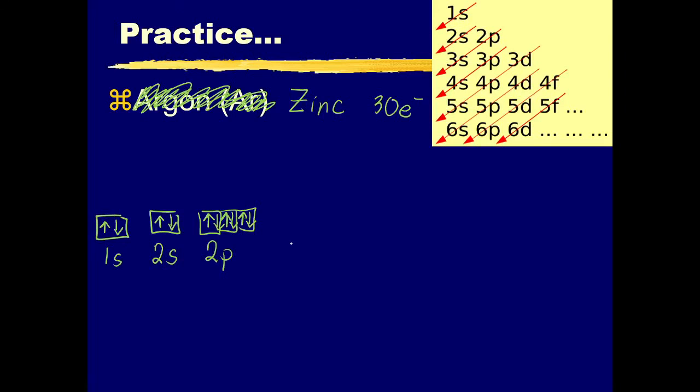Next ni 2p, 3s. So I have arrow up, arrow down. Next ni 3s, 3p. So I have 1, 2, 3, 1, 2, 3, 4, 5, 6.